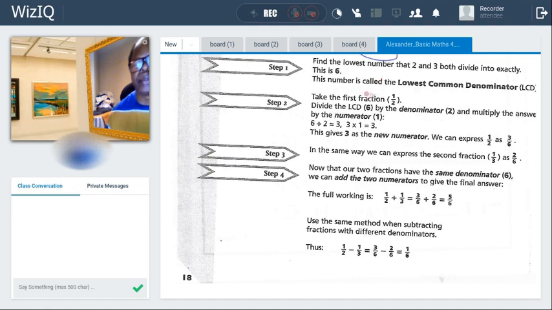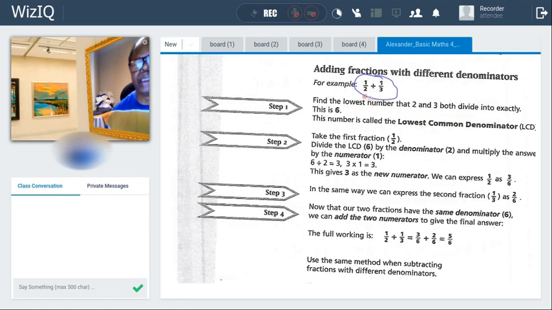The modern young people, the way they have been taught, will try to make the denominators the same. The only way is to multiply this one by 2 and this one by 3, multiplying both top and bottom. If I multiply this by 3, the top, 3 times 1, is 3, and the bottom, 3 times 2, is 6.